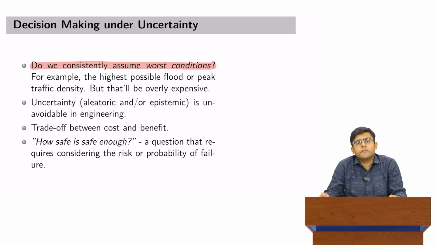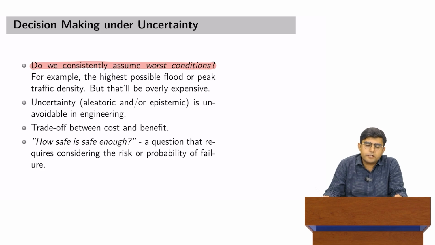Whenever we deal with complex infrastructure systems having multiple components interacting with each other, it would be next to impossible to fully characterize the system. That is, epistemic uncertainty would always be present, no matter what kind of system modeling approach we use.